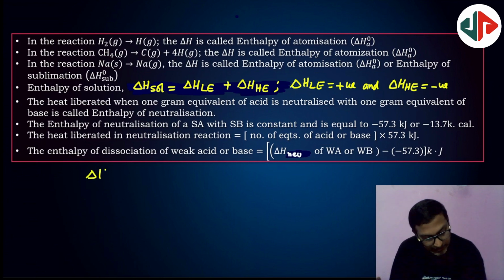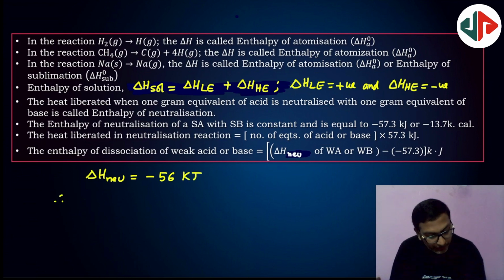Suppose delta H neutralization of weak acid weak base is given as suppose 56 kilojoules.